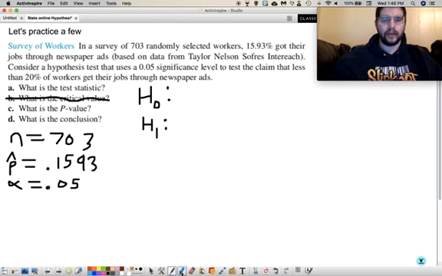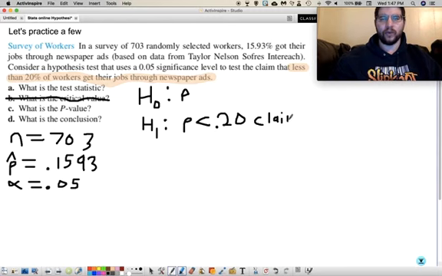So test the claim that less than 20% of workers get their jobs through newspaper ads. P is what we're dealing with. It's less than 20%. There's my claim. It's in the alternative.